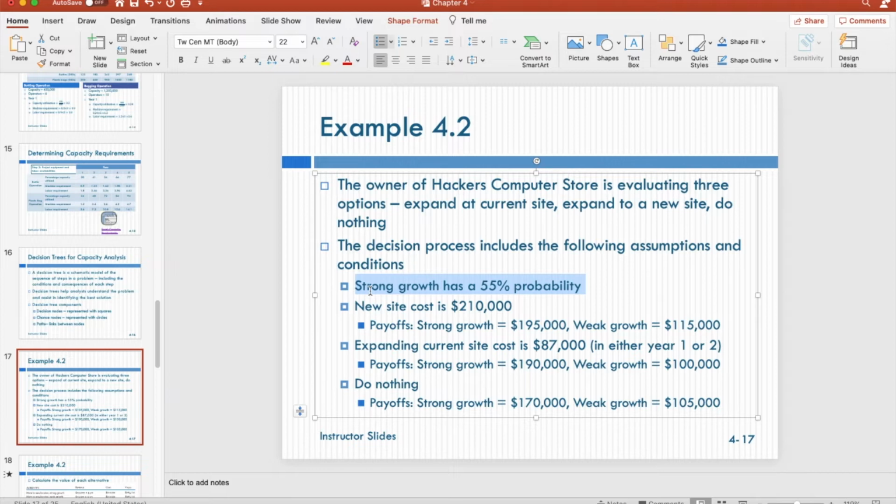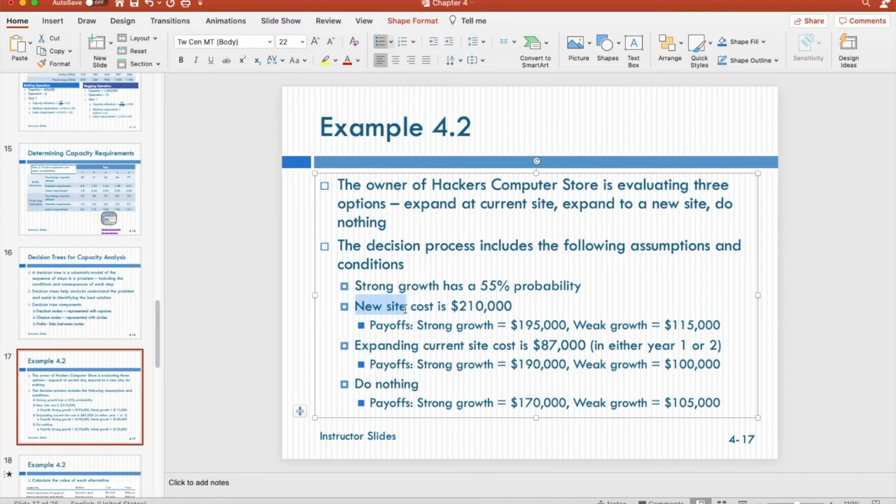Now the next three pieces of information show the three different alternative consequences. Remember that here we have three options: expand at the current site, expand to a new site, or do nothing. Let's first look at the new site.